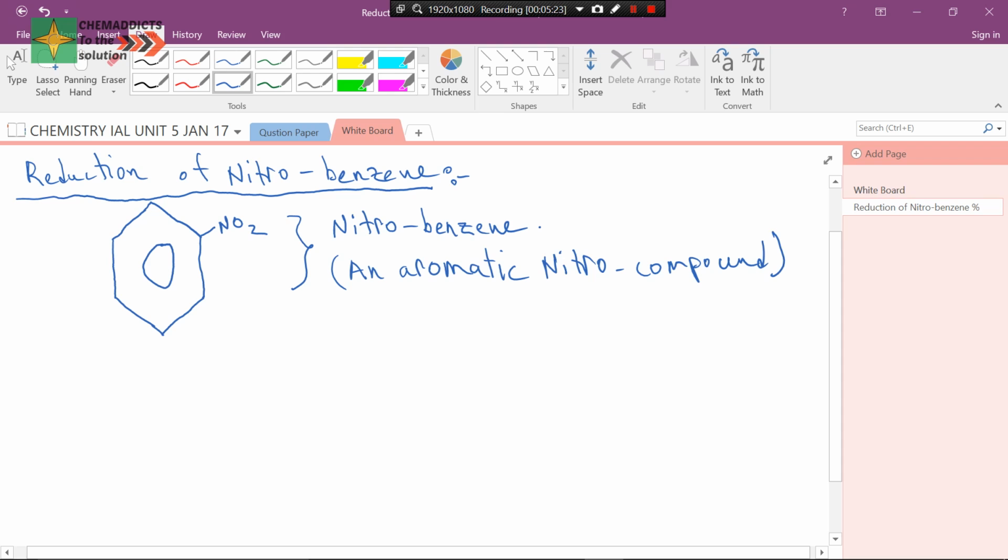The reducing agent that we need is tin and concentrated HCl. So the reducing agent here is tin and concentrated HCl.